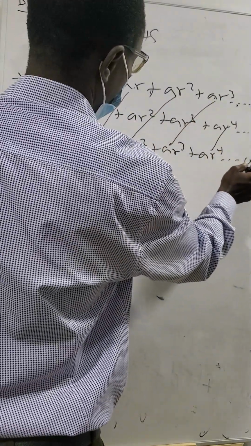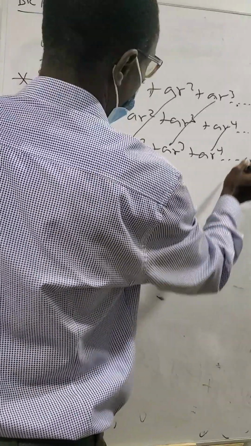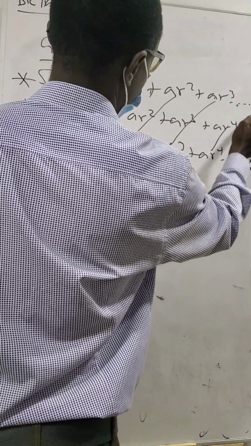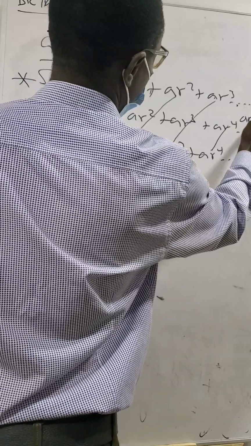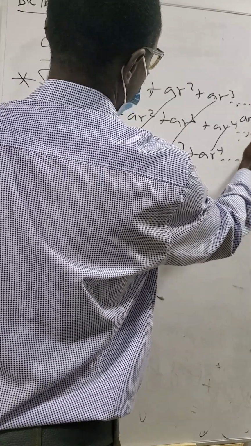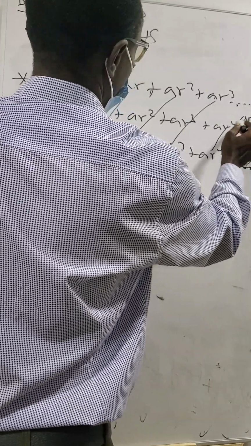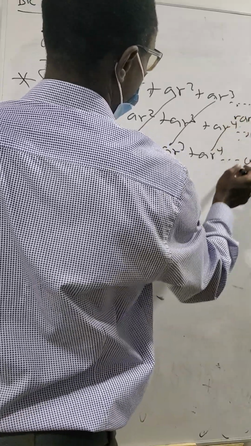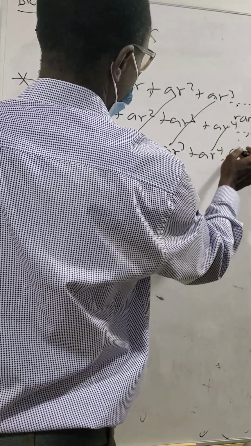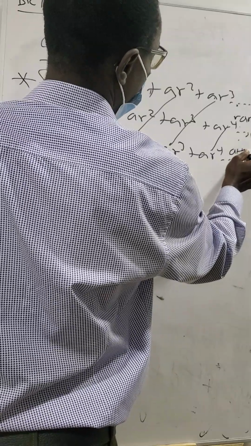Right, so you realize that, like I said, this is going to take care of that. But before the number that precedes this one, if we were multiplying, the number that would have been here would be ar to the n minus 1 minus 2, because that will be the number preceding this one. So if you multiply this one by another r, the number just before this will be ar to the n minus 1.